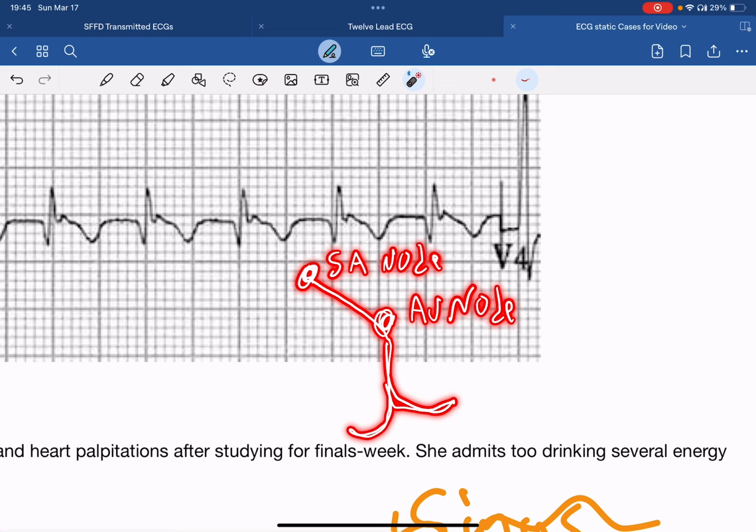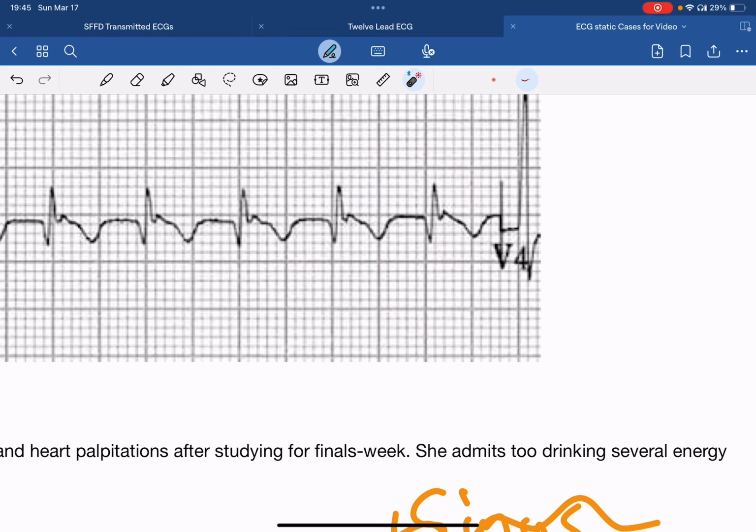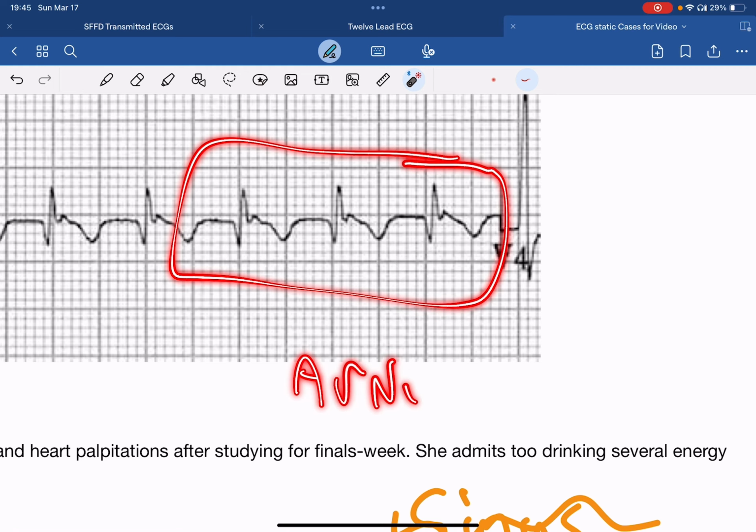And that retrograde depolarization of the SA node is what is producing these P waves, which are occurring after the QRS complex. And so this is a retrograde P wave, and it can be affiliated with AV nodal reentry tachycardias, and that's what this rhythm is. What we're dealing with here is AVNRT.